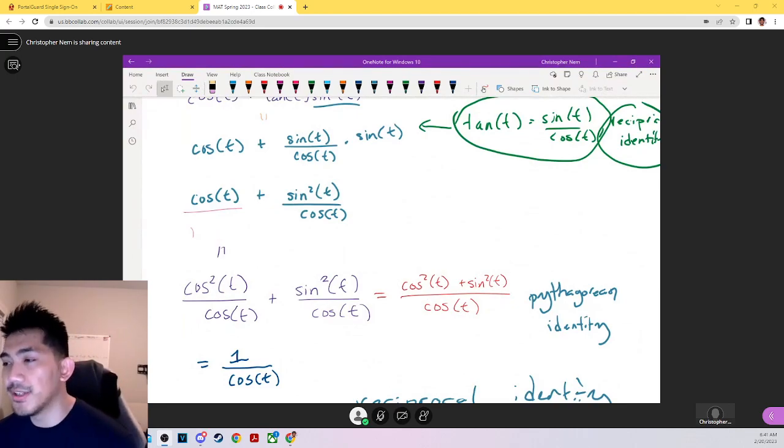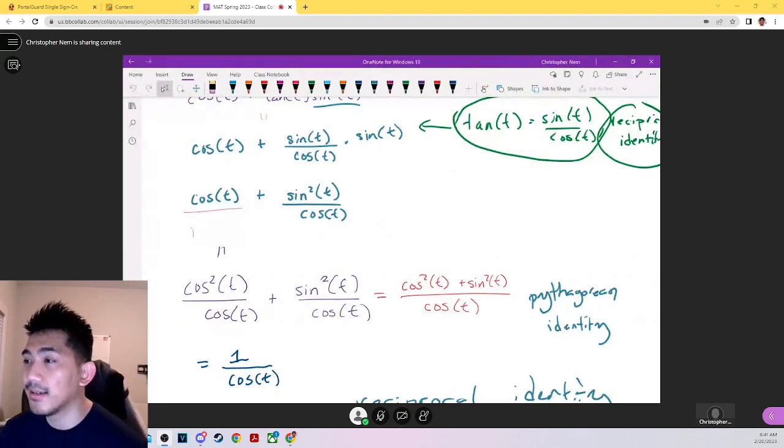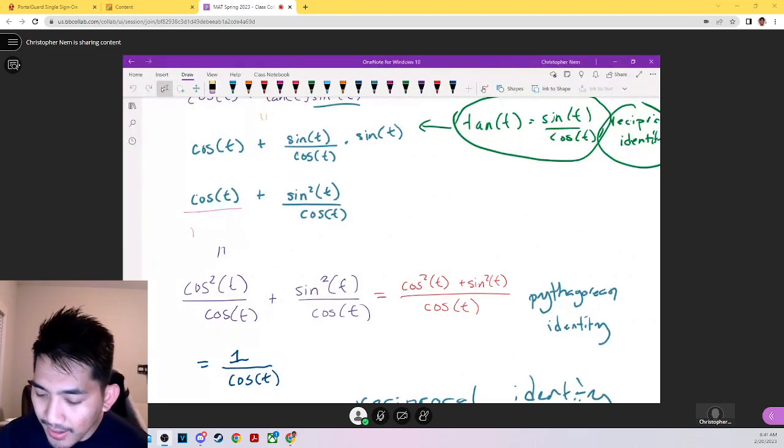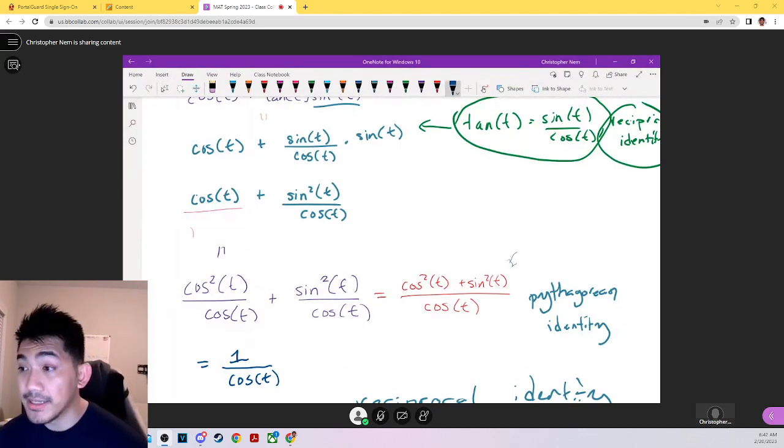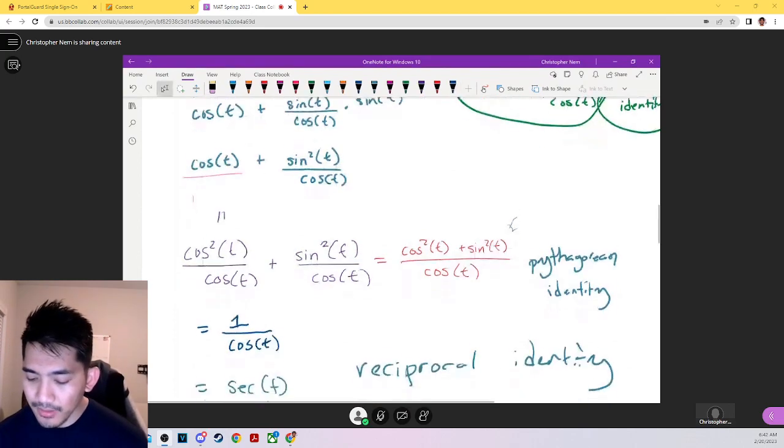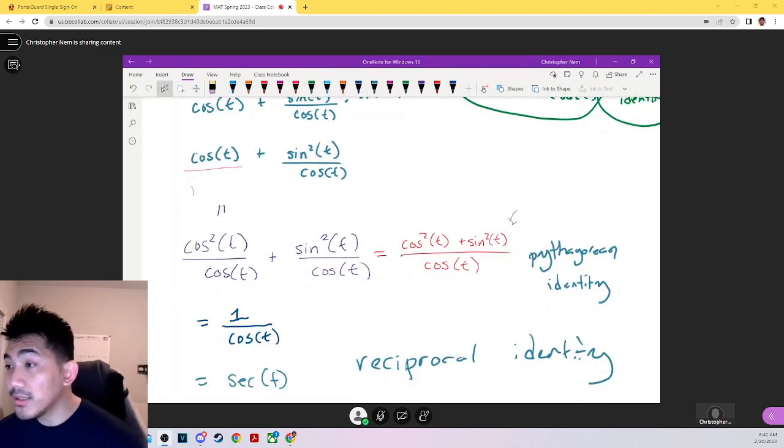Add them together: you just add the numerators, do not add the denominators. They have the same exact denominator. And then you invoke your Pythagorean identity for this piece right here. It's all about invoking the right properties and identities. And then that's equal to 1, so you have 1 over cosine t. Using your reciprocal identity, you can simplify that to secant of t.